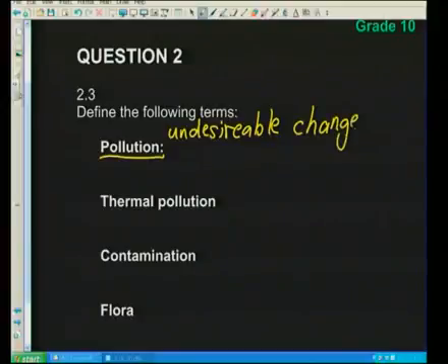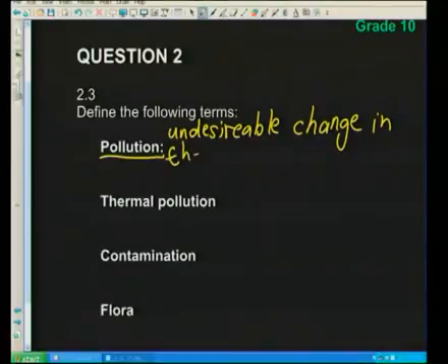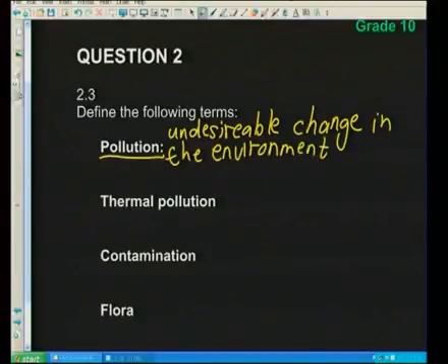That means that we don't want anything to happen to our environment. So it's an undesirable change in what? In our environment, because it's our environment. And I can say in brackets our natural resources.